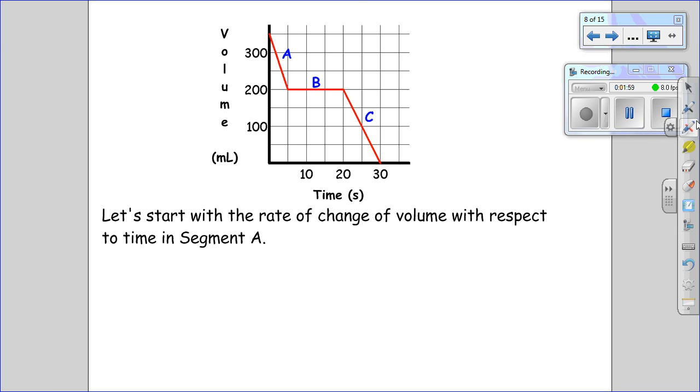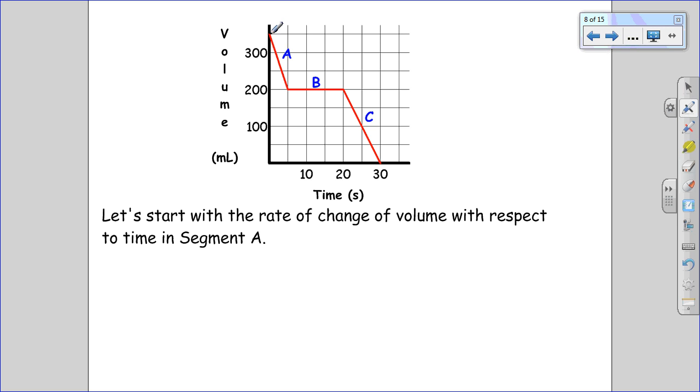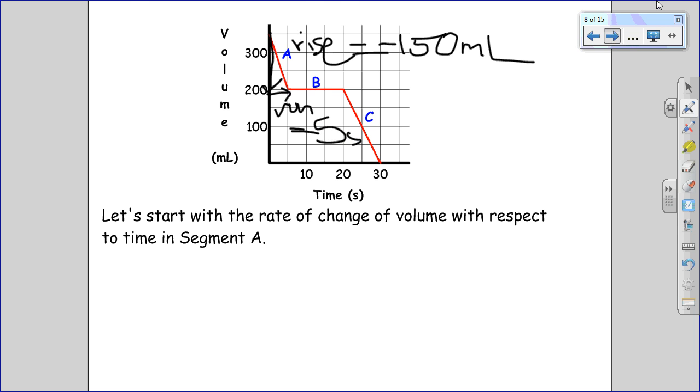So if I think about segment A, if I go down from the beginning of the segment and right to the end, I can say my rise, it went down 150, so that's negative. Sorry guys, I don't have the Mobi, I'm trying to work with a mouse. And the run increased by 5 seconds, so that's positive because it got bigger.